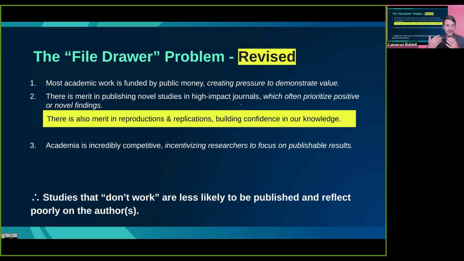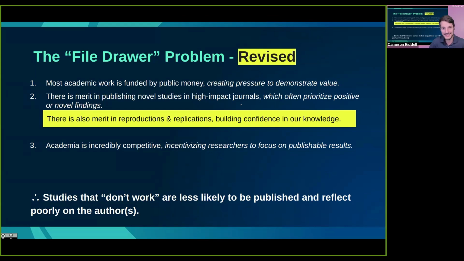If I come to the conclusion that, based on my study, hypothesis A is true, well, 5 years from now, somebody else comes along and says, this hypothesis A is pretty interesting, and I think Cameron tested it in a fairly odd or maybe a slightly interesting way. I'm going to redo the same study, changing one or two aspects about it. This is what we call a replication. And after all of that, hypothesis A is still true. This only serves to build confidence that hypothesis A is true.